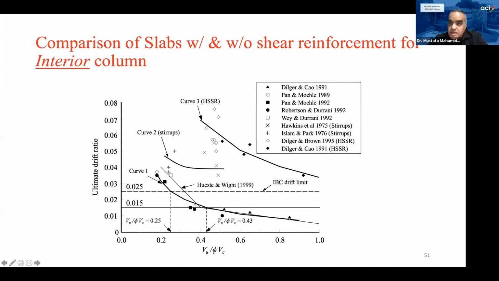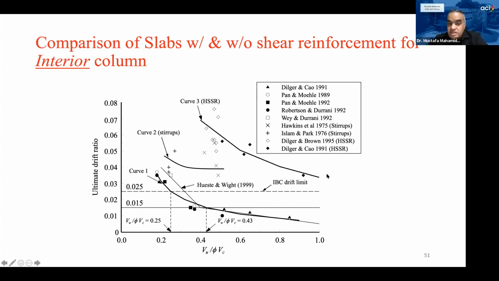At the same time, this is related to VU, the applied shear divided by the design concrete shear capacity, phi VC, it's VC only, right? Only the concrete capacity. So as the load is higher, the drift limit decreases. This is very important.